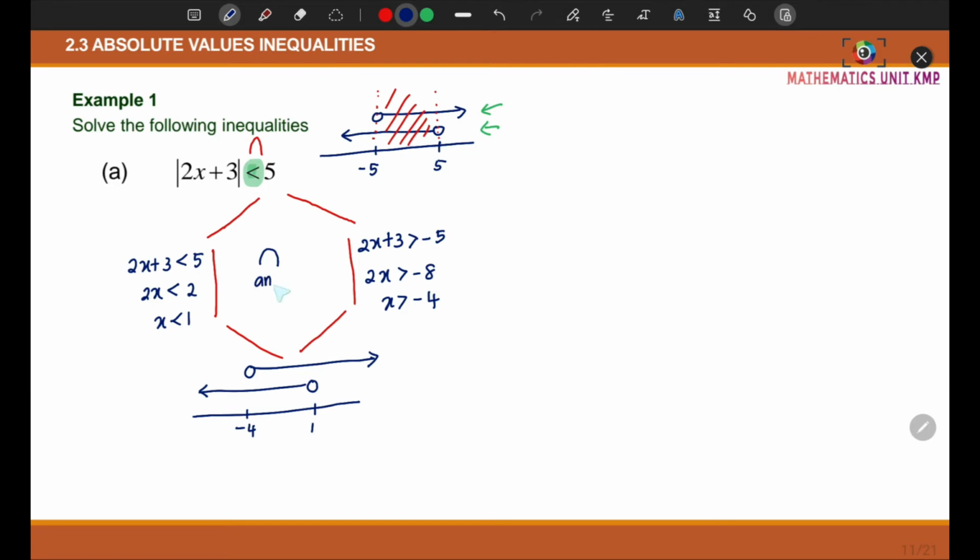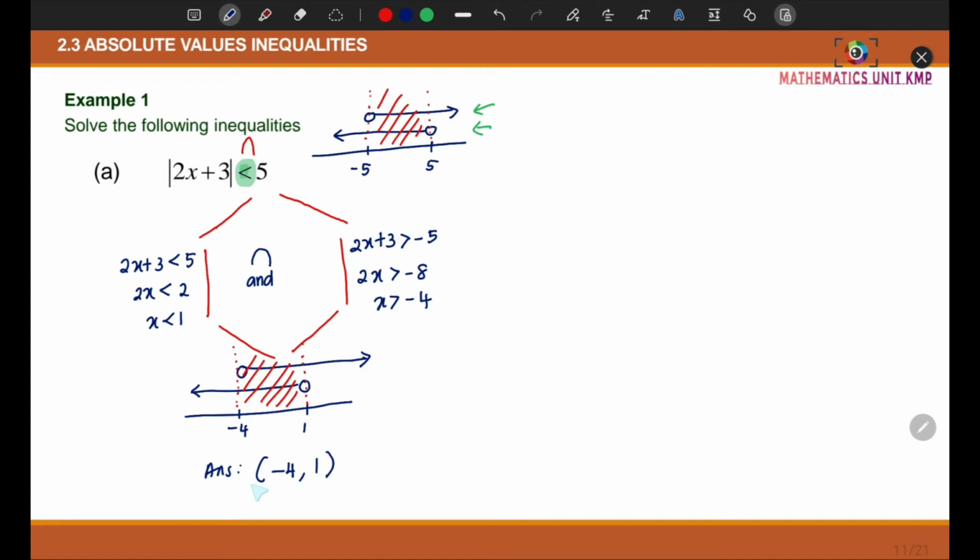So the intersection is the interval where the two lines intersect. We can see here that the interval is between negative 4 and 1. The answer is open bracket negative 4 to 1, open bracket as well. If you want to write your answer in solution set, it should be x such that x less than 1 and greater than negative 4.